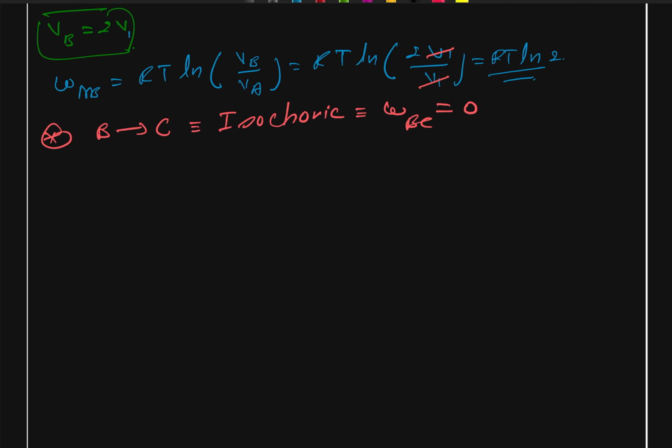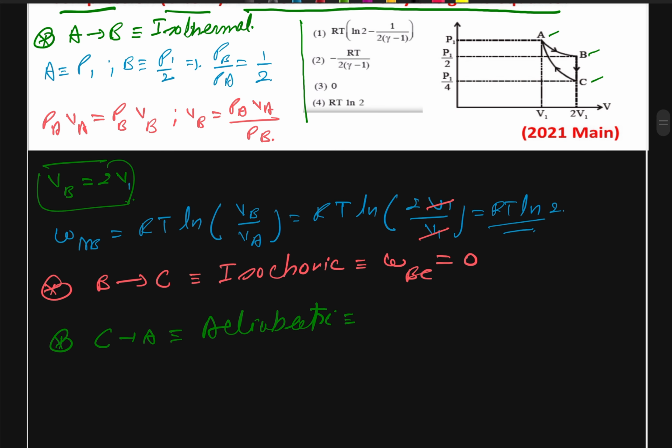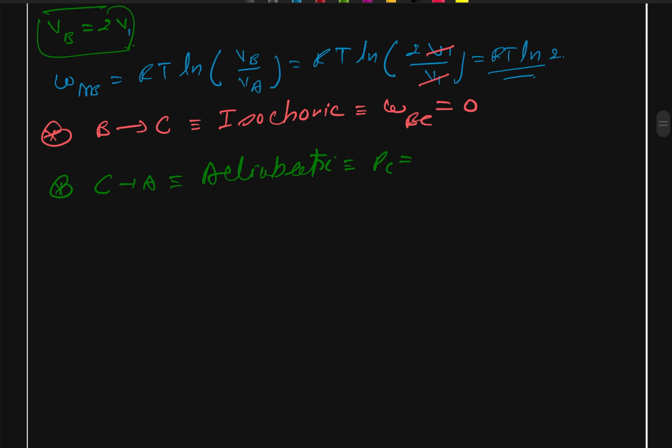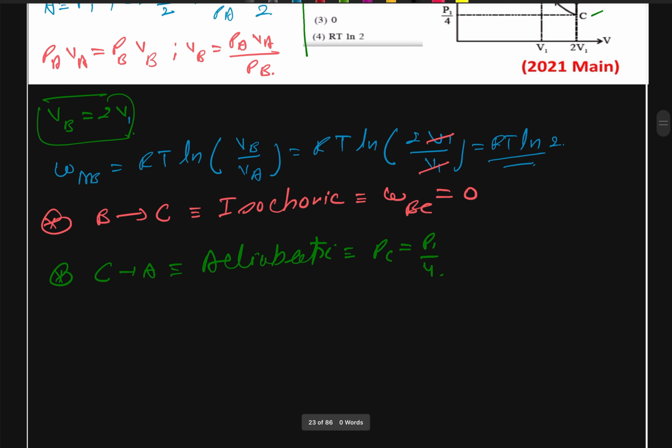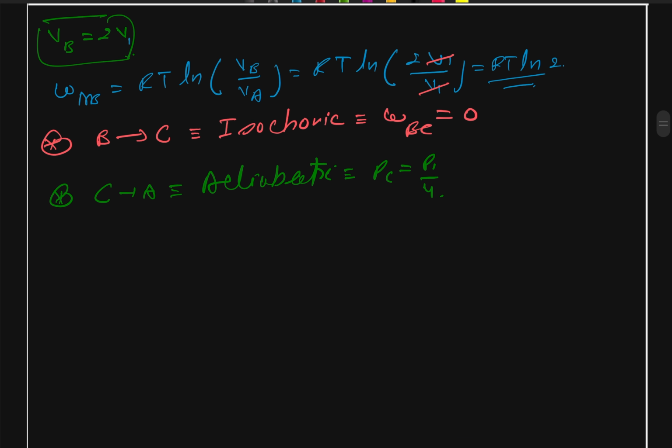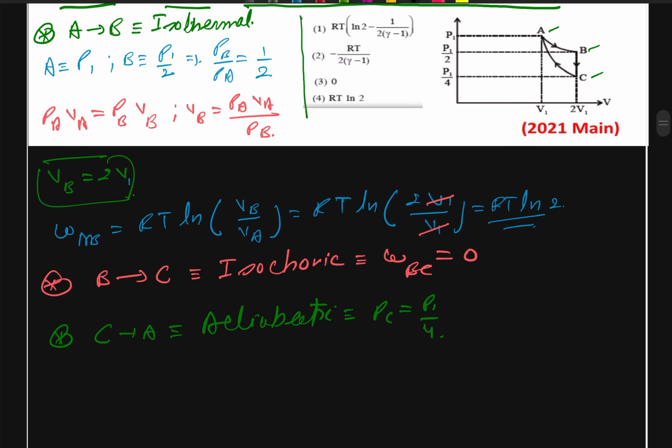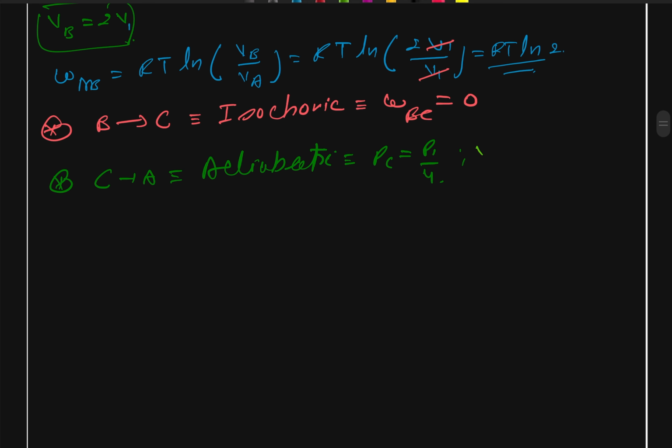And then we come to C to A, and C to A is adiabatic. For this adiabatic we are given that PC is P1 by 4 and VC is the same as VB, which is twice V1.